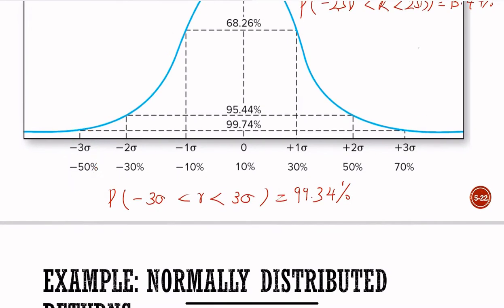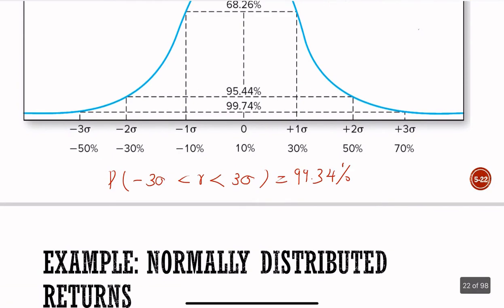And what you can see here is this bell-shaped curve is symmetric, right? So this basically means P of return smaller than 3 sigma should be 1 minus 99.3% divided by 2, right?